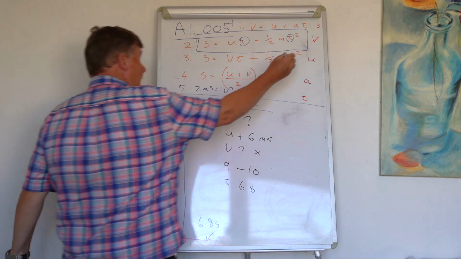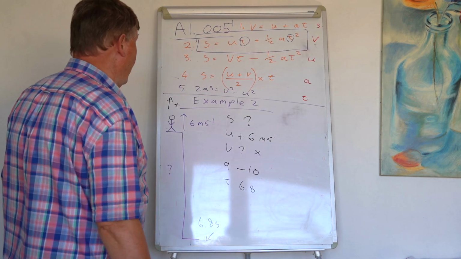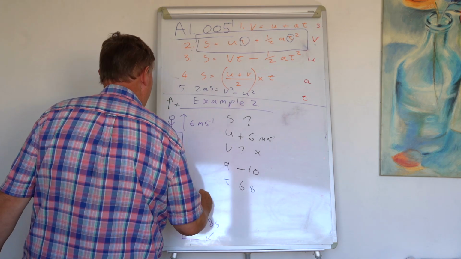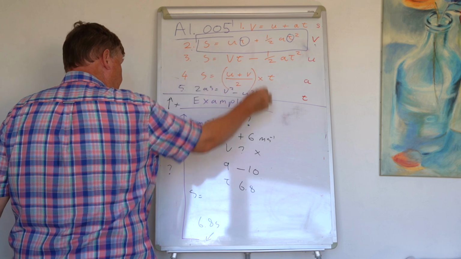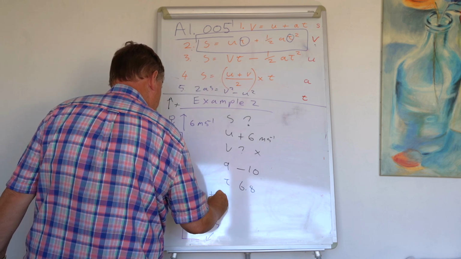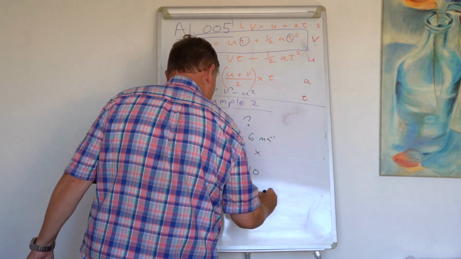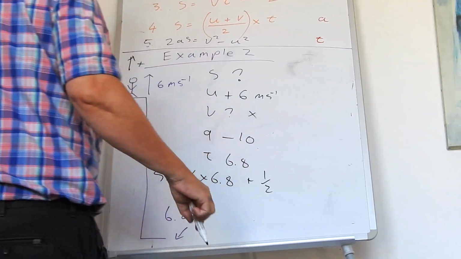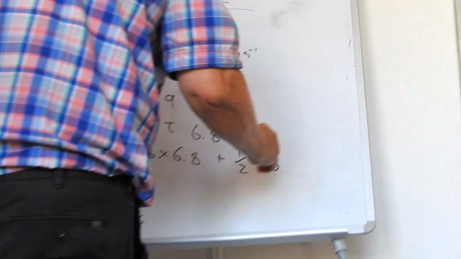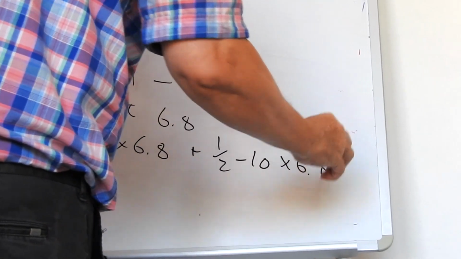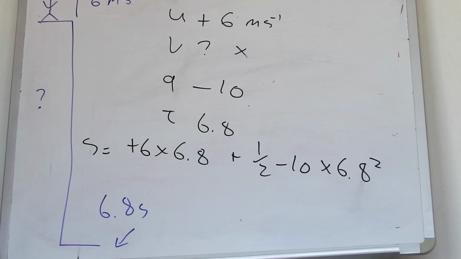Oh look, it's number 2. So we're going to use that one. So we're going to have S equals UT, 6 times 6.8, plus a half times minus 10 times 6.8 squared. And all you've got to do is put the numbers carefully into a calculator.